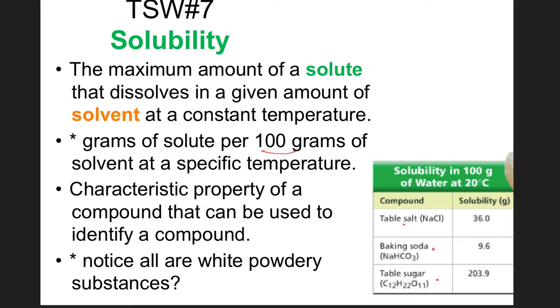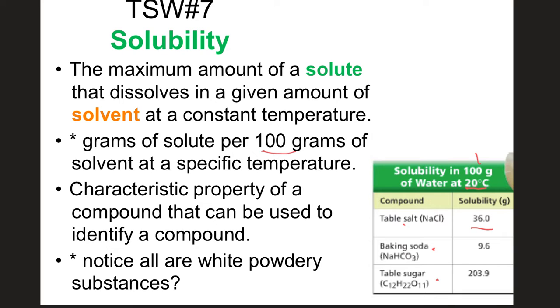If you have solubility, let's say at 100 grams of whatever substance at 20 degrees temperature of water, then basically what that means is you can get 36 grams of table salt to dissolve in 100 grams of water at 20 degrees.